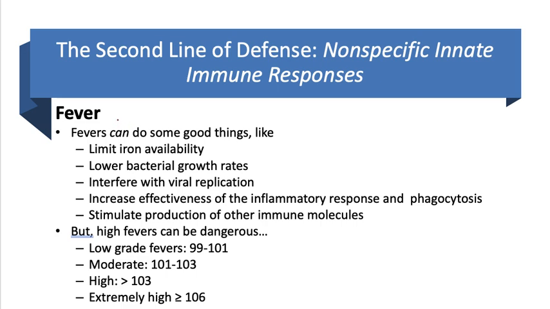That could be a bit of a high estimate. Normal body temperatures can be anywhere from 97 to 97.5 to 98.6. So fever is just elevated body temperature. Whatever your normal body temperature is on a daily basis, if it's elevated by more than a half of a degree or a degree, then it would be considered fever.